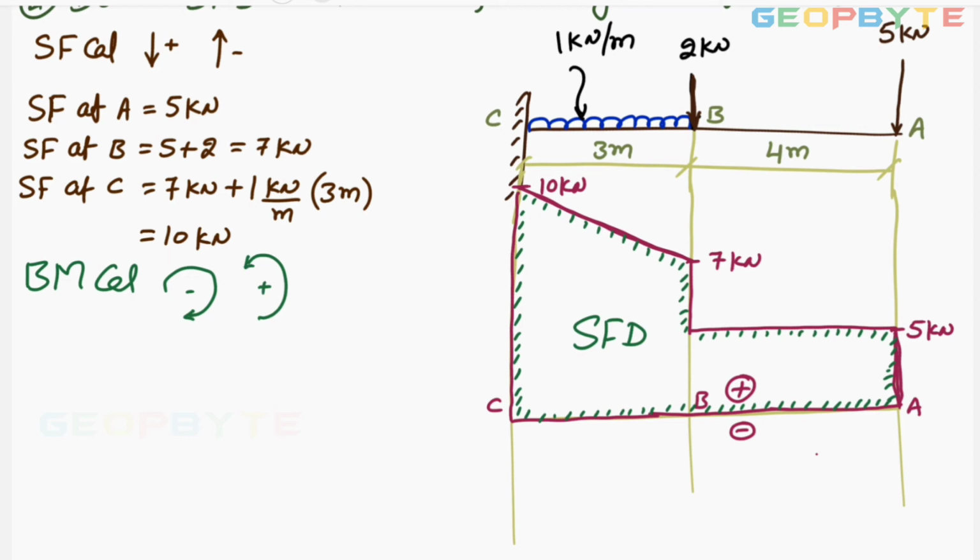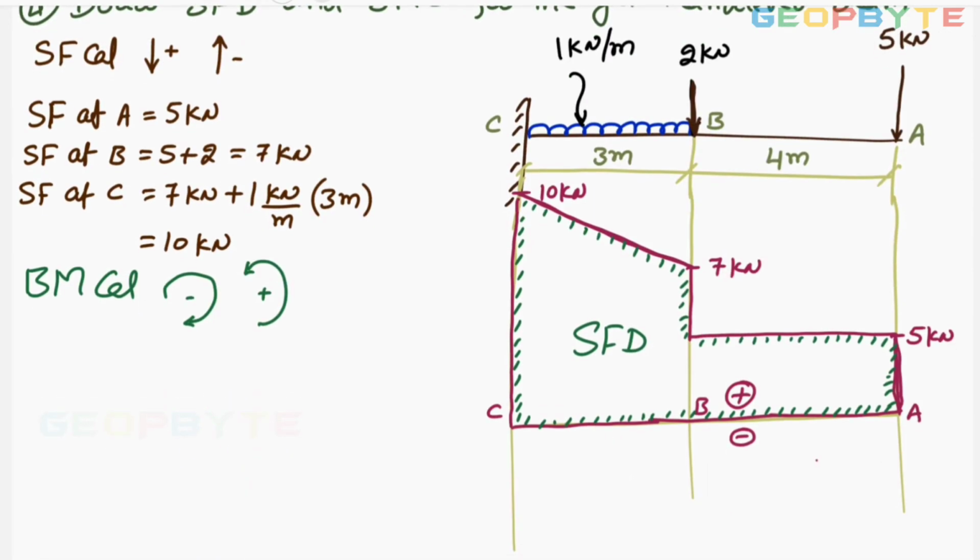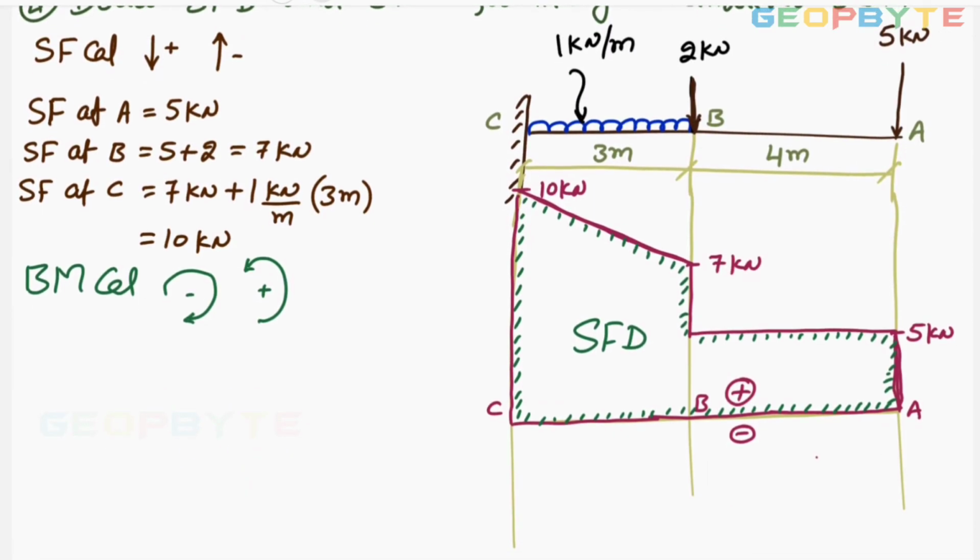Right. Now, what is the BM at the free end of the cantilever beam? 0. For any cantilever beam, bending moment at the free end is equal to 0.